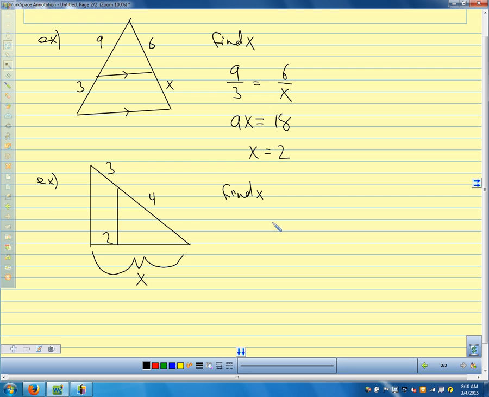Oh, and I forgot one thing. So we see those two parallel segments, we think side splitter. So our technique, we think we need to do what? Set up a proportion. So how are we going to do it on this problem? Anybody have an idea?